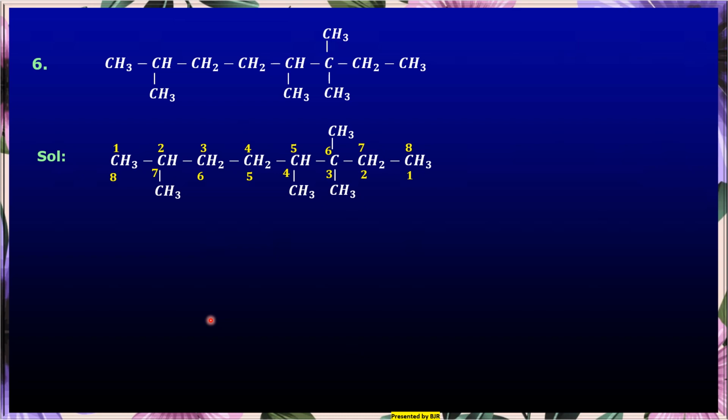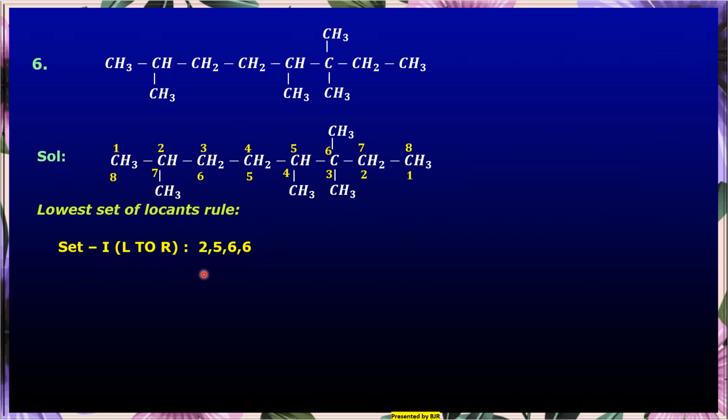Two rules are there for this. The first one, the lowest set of locants rule, I am using to determine which numbering is correct. Set 1, left to right, the locants are 2, 5, 6 and 6, because the sixth carbon atom contains 2 methyl groups, so the number should be repeated: 2, 5, 6, 6.